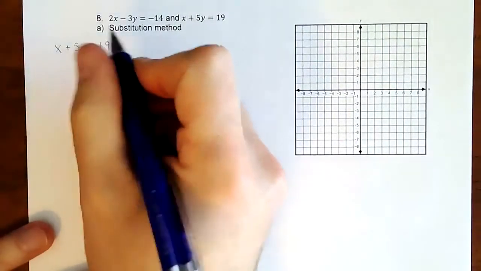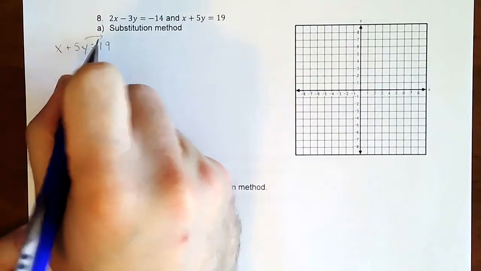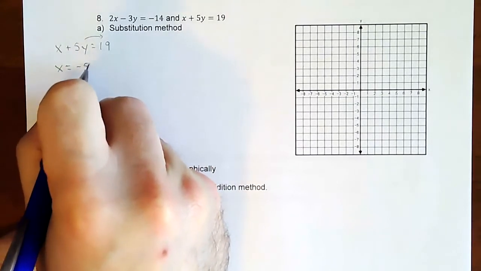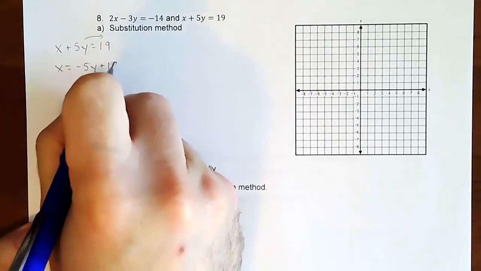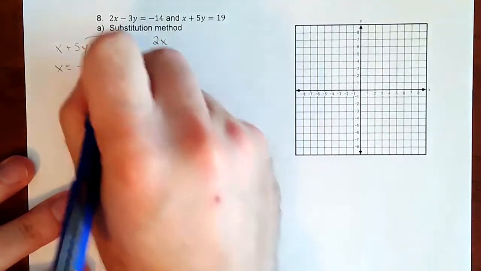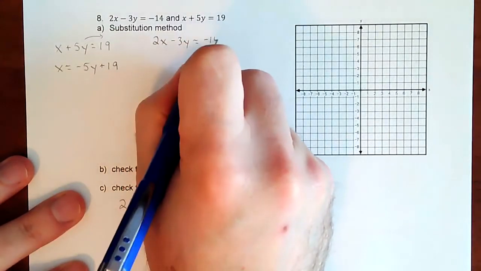So we'll do both. If you wanted to use substitution, totally. Let's take that 5y and bump it over to the other side. So x is going to equal negative 5y plus 19. The other equation is 2x minus 3y equals negative 14.